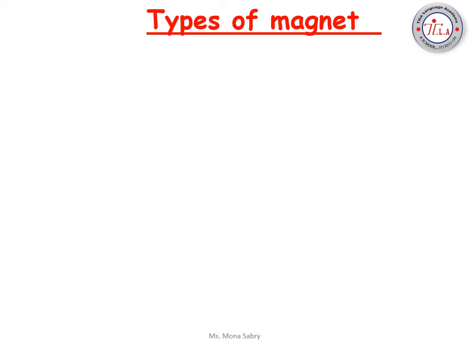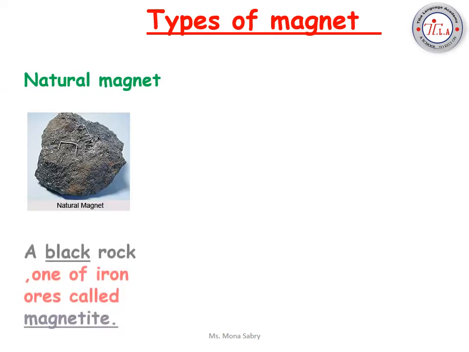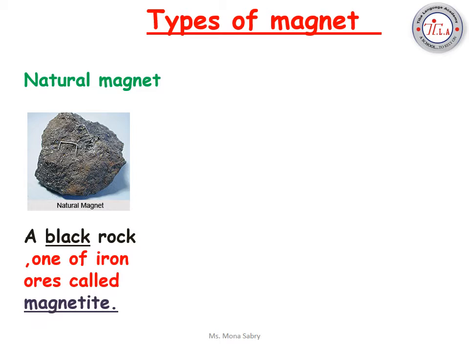Types of magnets. Natural magnet: a black rock, one of the iron ores called magnetite.